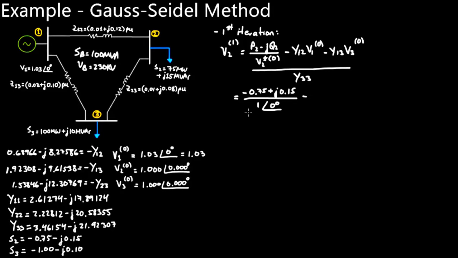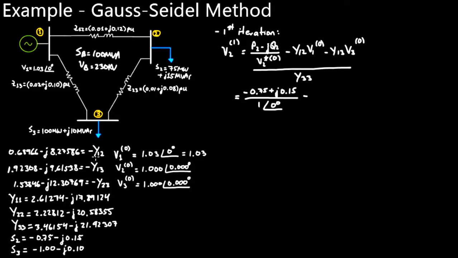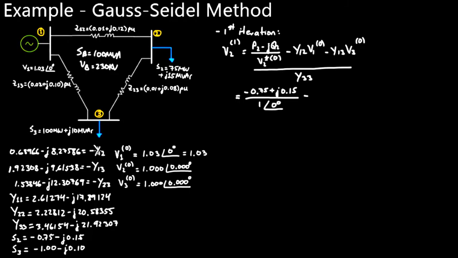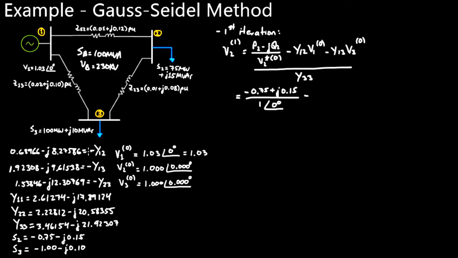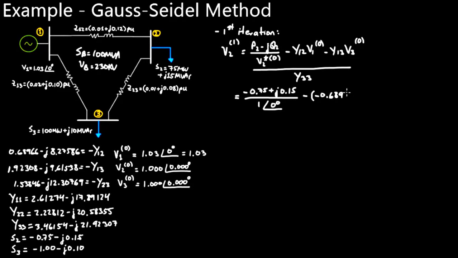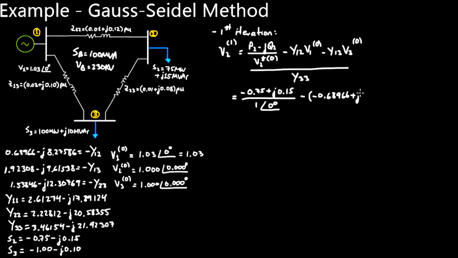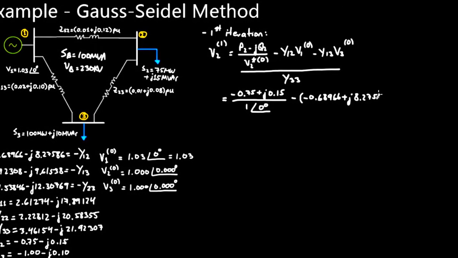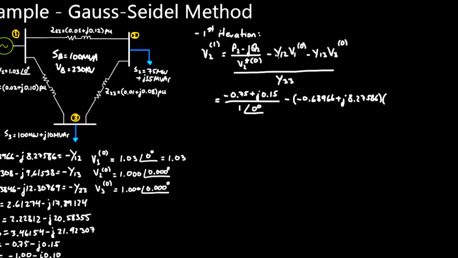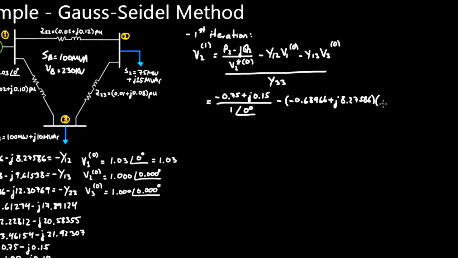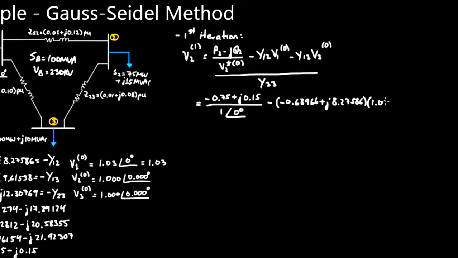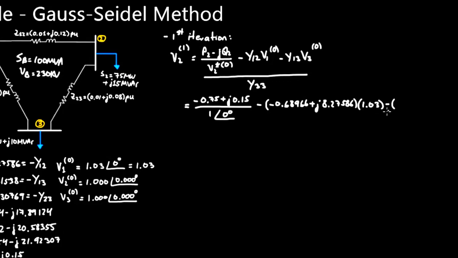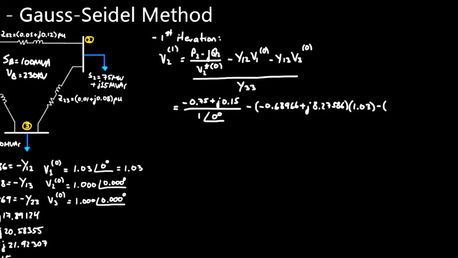And then minus Y12, which I have over here. So minus Y12 is equal to the opposite of this whole thing. So minus, and then minus 0.68966 plus j8.27586 times V1 of 0, which is just 1.03. And then minus Y13, which again is the opposite of this.